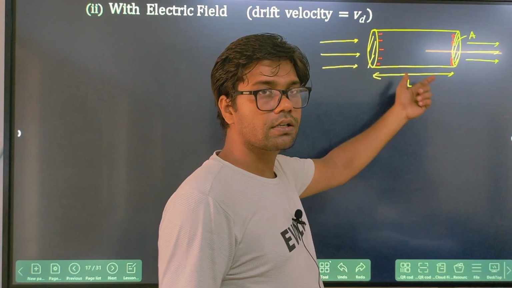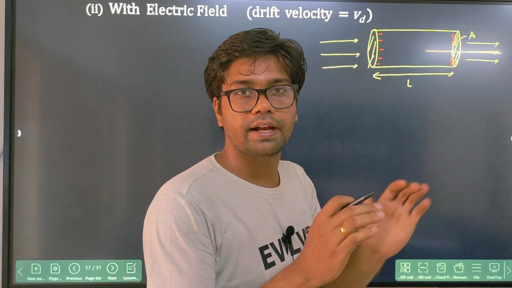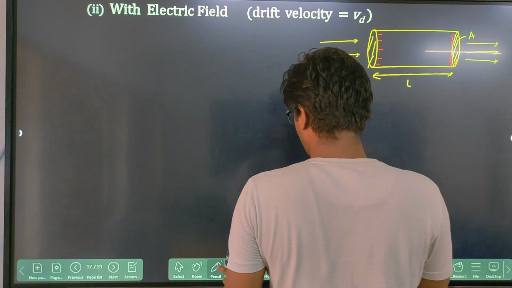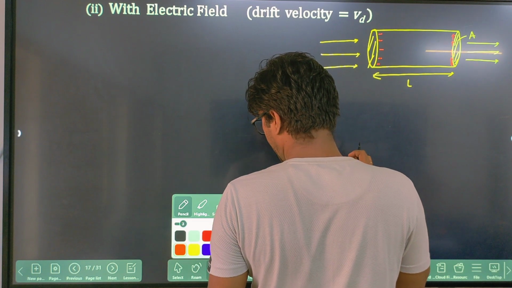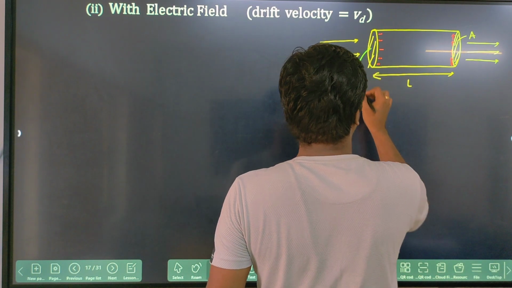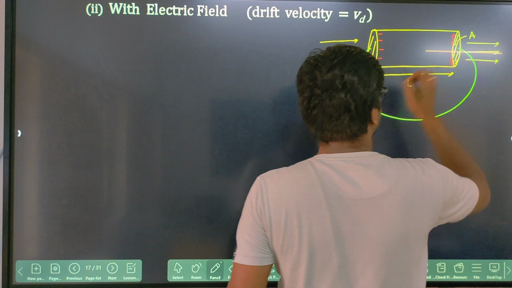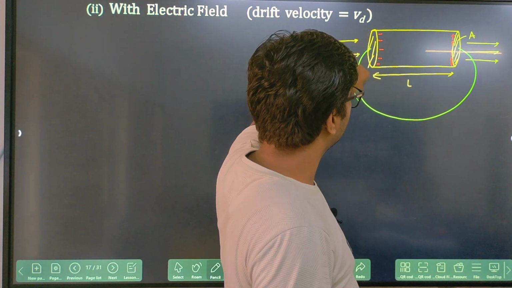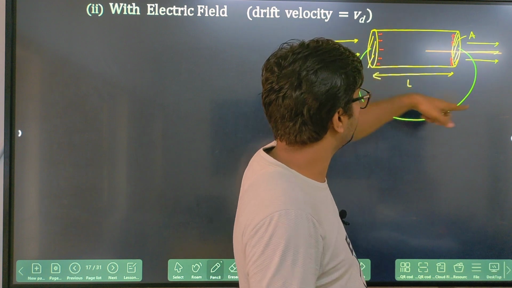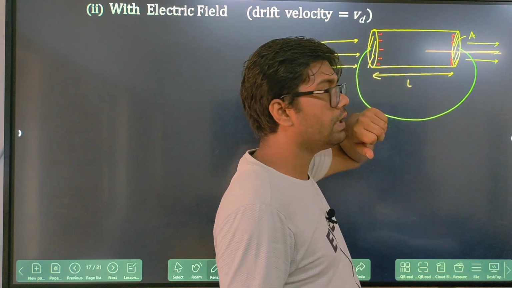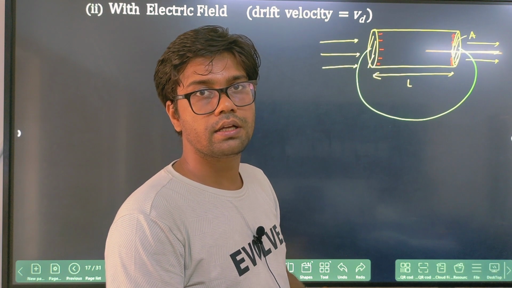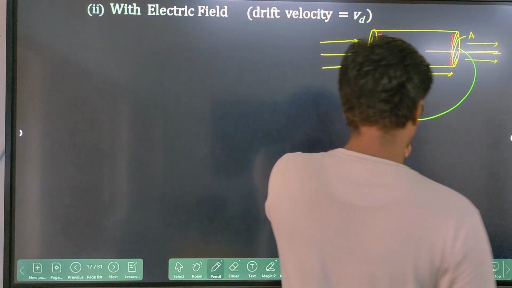This is going to be the electrostatic condition, but I need a current in the circuit, right? So what I will do, I put an electric field and I join a conducting wire like this. Due to joining this wire, the electrons will flow from this side and move like this, and there will be a current flow in the conductor, right?